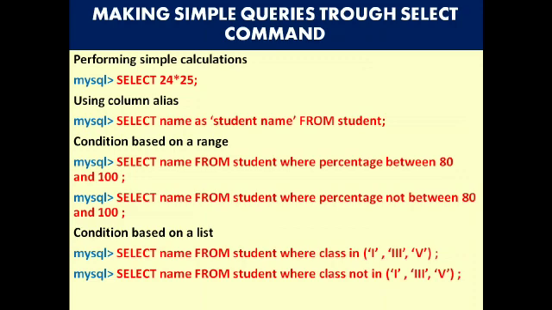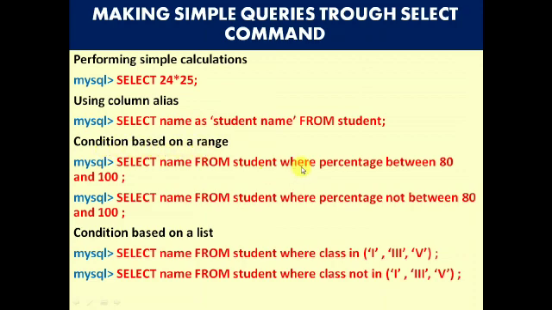So you can give a new name to your column using a column alias. Here I have given the name as student name. So in the table, the name of the column will remain as name, but while displaying, it will be displayed as student name.